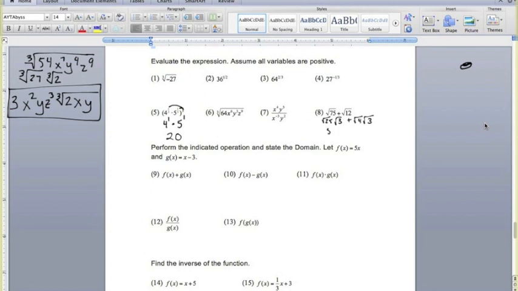The square root of 25 is 5. The square root of 4 is 2. And now they are the same type of thing. They are both roots of 3. So if I have 5 of them plus 2 of them, then I have 7 of them. Questions?